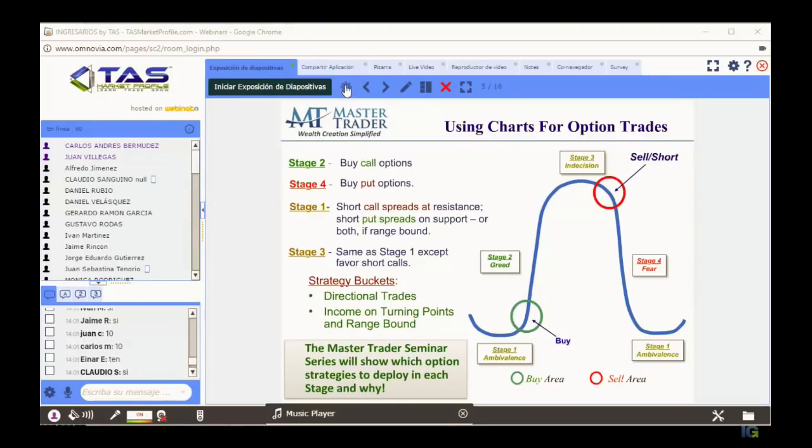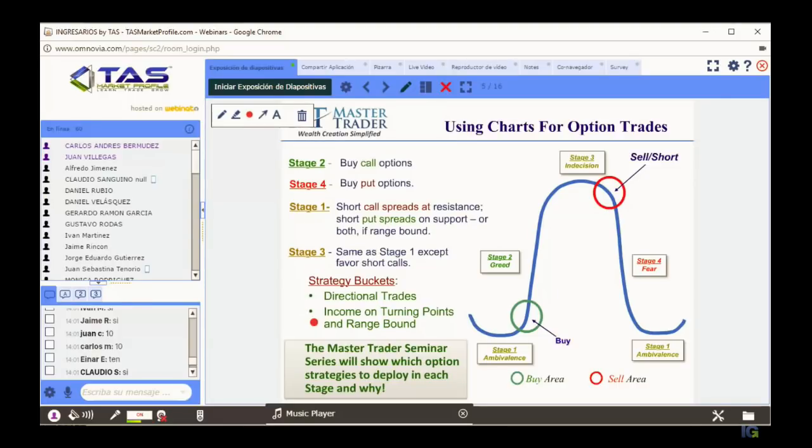Then what we refer to as stage 1 and stage 3, the sideways consolidations, where the stock trader is going to find it more difficult to find compelling trade setups, but to the option trader, we find opportunities for what we refer there as the income bucket that we can deploy at every single turning point.